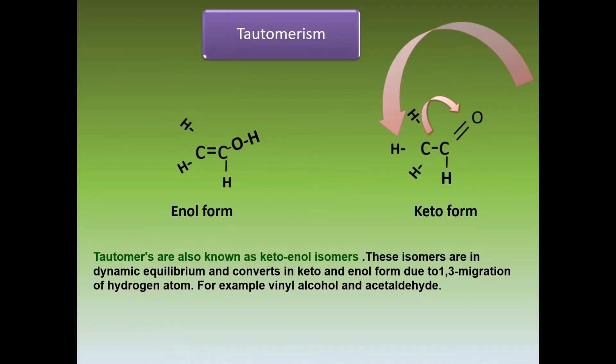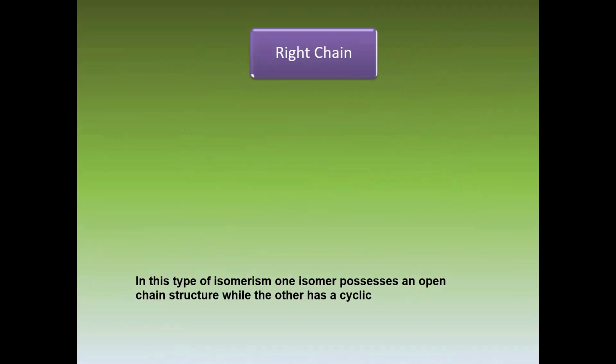A ketone may also form here, but in this case particularly the species formed is acetaldehyde. And this type of isomerism is reversible. The enol form changes into the keto form, which changes back into the enol form. So both forms exist in the solution.